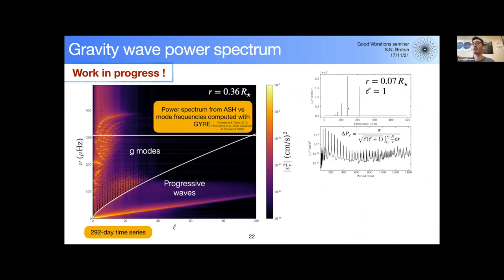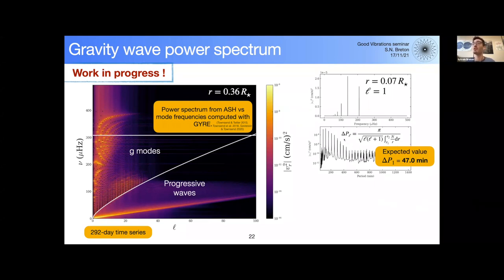If we take a look at a slice of this power spectrum and look only at the l equal 1 mode, you can plot the period spacing of your gravity modes and check that they are equidistant in period, as expected from the asymptotic properties of gravity modes.